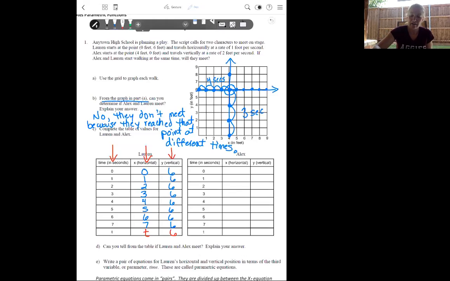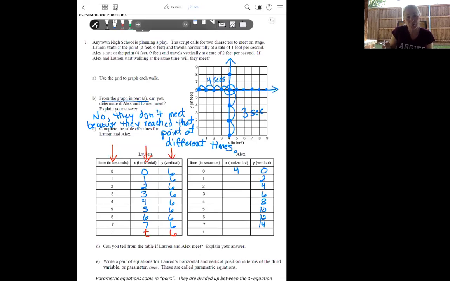So now let's look at Alex. Okay, so Alex started at a horizontal position of 4 and a vertical position of 0. For every second, however, he moved 2 feet. So vertically, after 0, he jumped up 2 feet, so 2, and then 2 more feet, 4, 6, 8, 10, 12, 14.